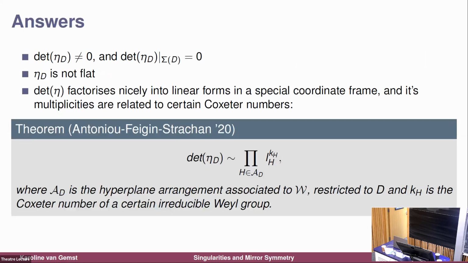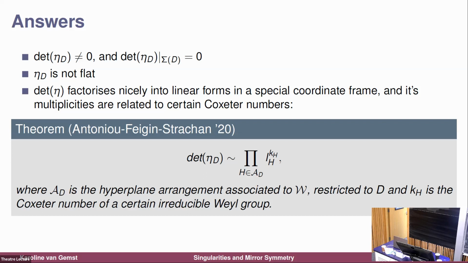So for Weyl groups, the answers all exist. Yes, it is non-zero, which is lovely, and it is zero when you naively restrict onto the discriminant of the discriminant stratum, so to speak. So on further discriminant strata of higher codimension, which is what we would expect. It's not flat, and this is a very general fact, and is expected by some already existing results in the literature.